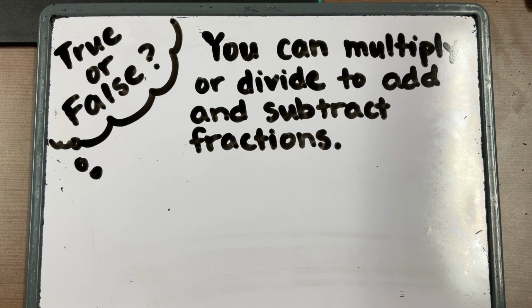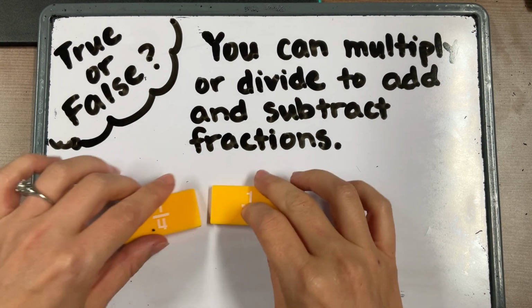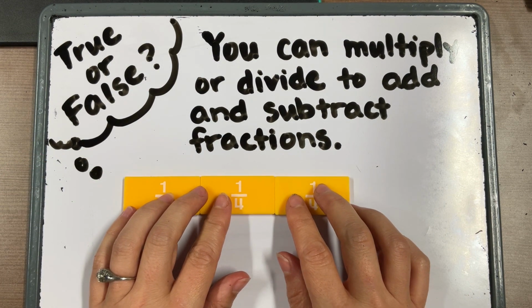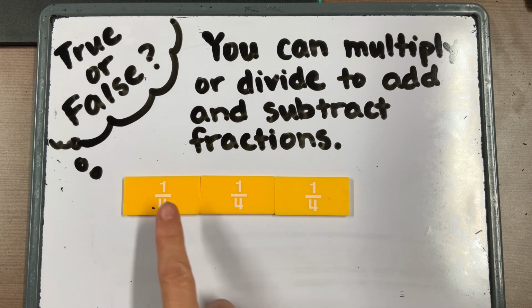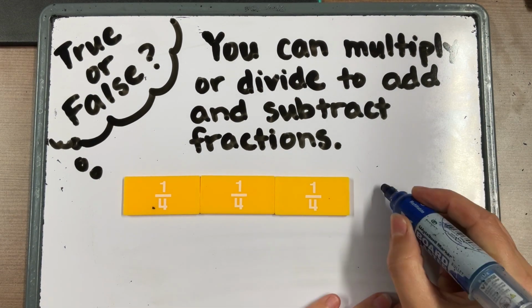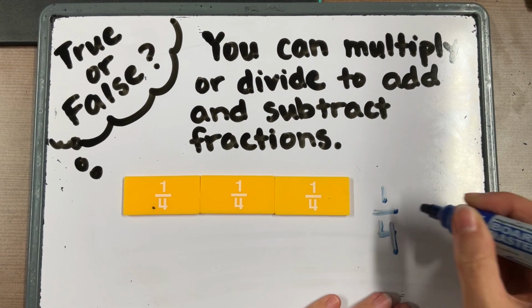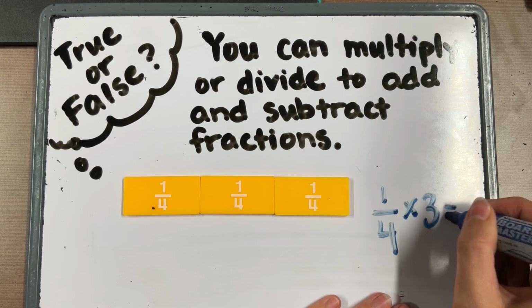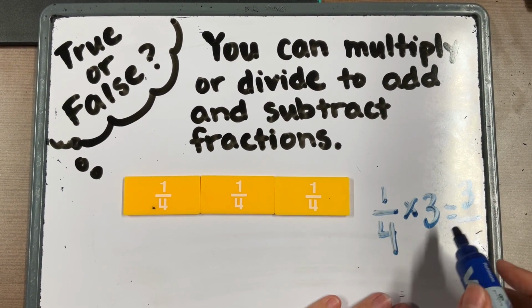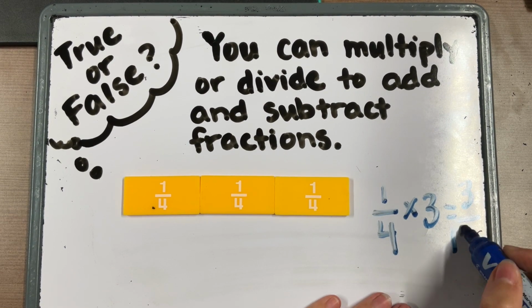Well, one person told me an example would be our 1/4, 1/4, and 1/4. We learned that 1/4 plus 1/4 plus 1/4 is the same as 1/4 3 times. But then people were saying if you do 1/4 times 3, you could get 3, because 1 times 3 is 3, and 4 times 3 is 12.